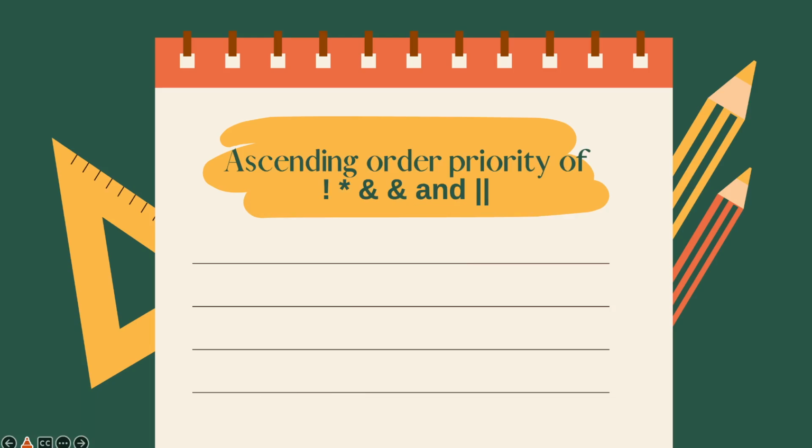The next question was about this one. You had to write the ascending priority of these things: not, multiplication, logical and, and logical OR. Now let's see what the priority should be.